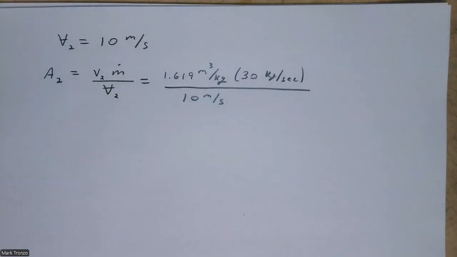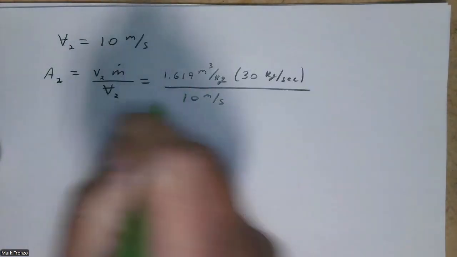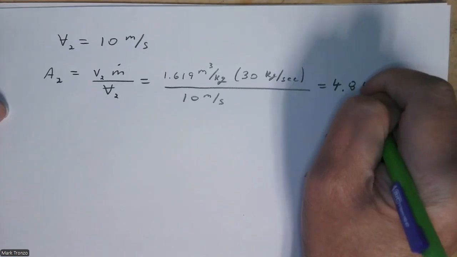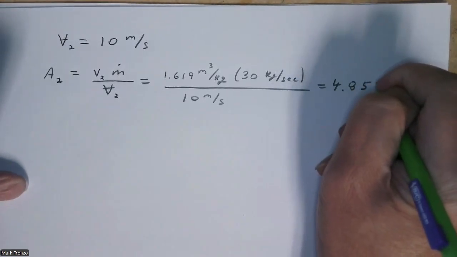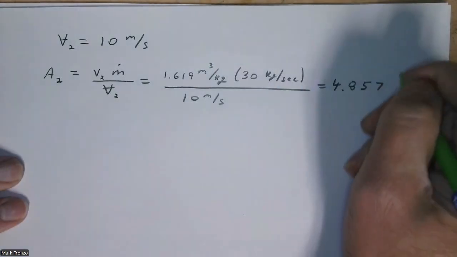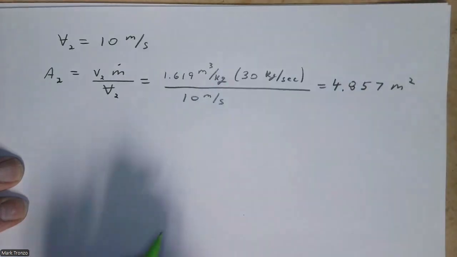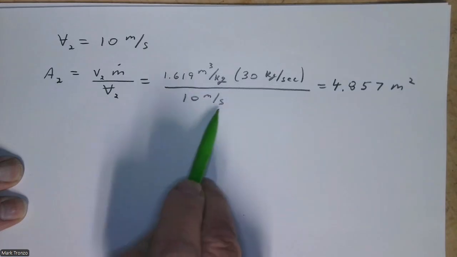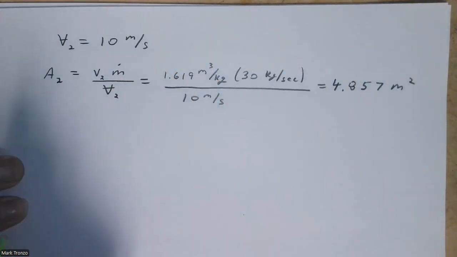If you put that in your calculator, I get that the area should be 4.857 meters squared. Again, check the units: kilograms cancel, seconds cancel, meters squared.